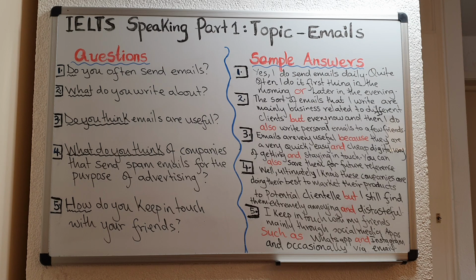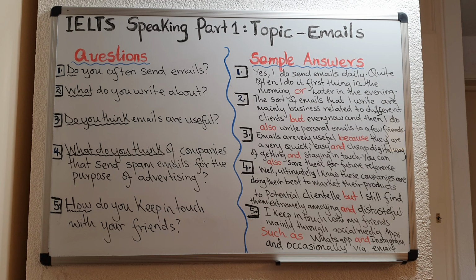And what I mean by broken English is when your tenses are not correct, when you don't have a subject-verb agreement, okay? When your grammar is not correct, or when you're using prepositions incorrectly. Like, for example, you can see in my first answer, okay, I do it first thing in the morning, later in the evening, okay? It is extremely important that if you use prepositions, you use them correctly.